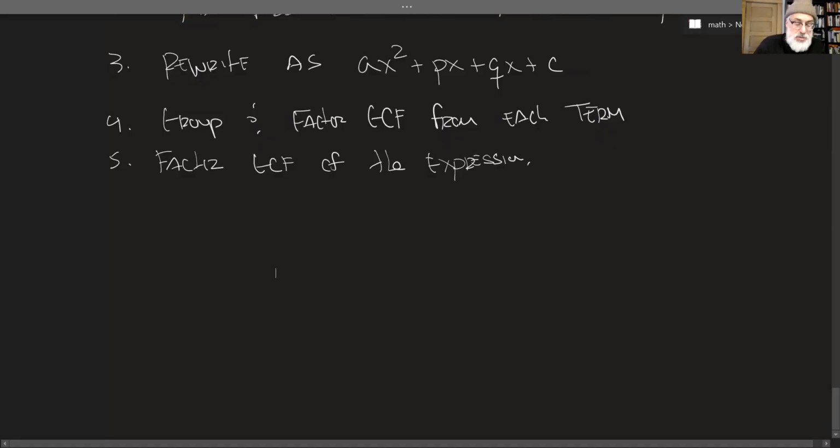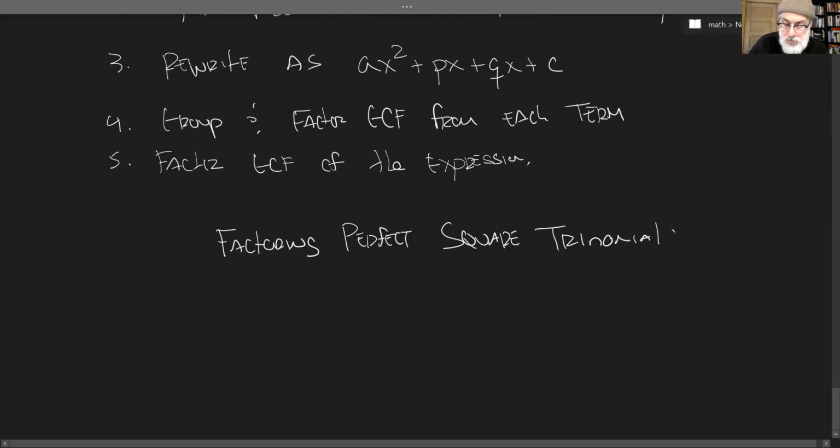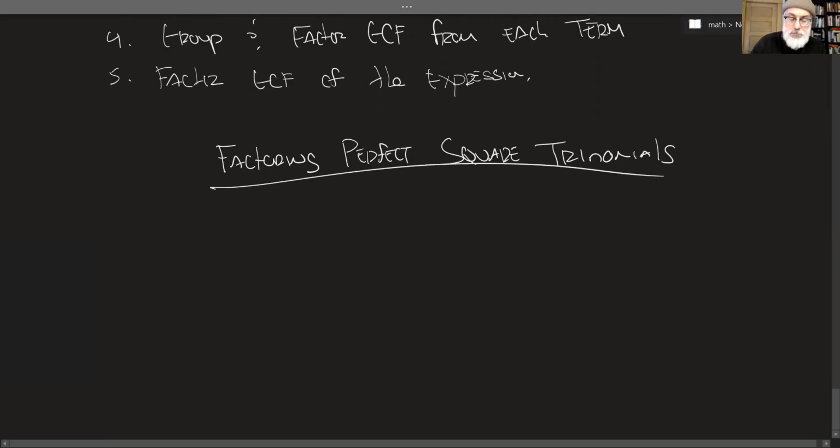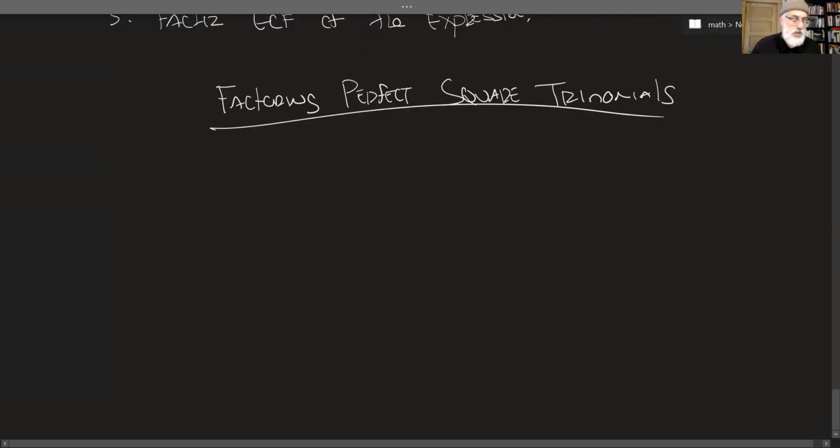All right, so next we're going to talk about factoring perfect square trinomials. And these have a particular form that allows us a sort of shortcut.